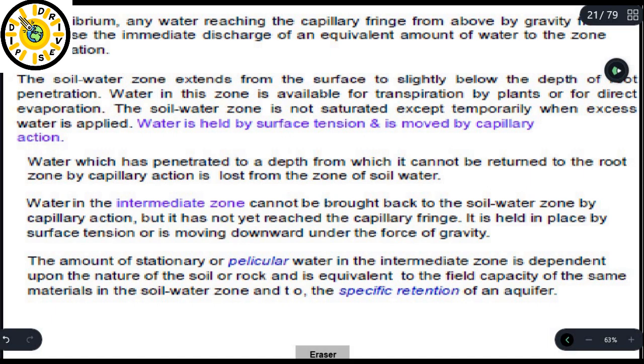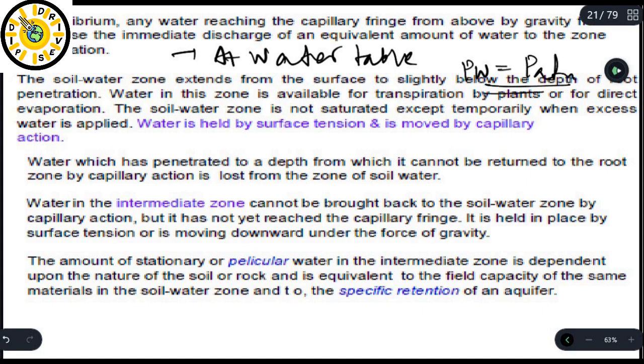And at equilibrium, any water reaching equilibrium, कहाँ पे normally होता है? At the water table, right? At the water table the pressure of the water is exactly equal to the atmospheric pressure. ठीक है, water is held by surface tension and moved by capillary action.